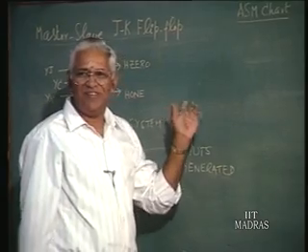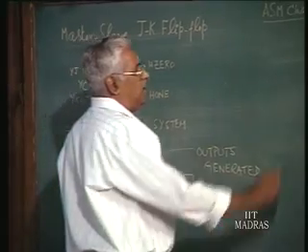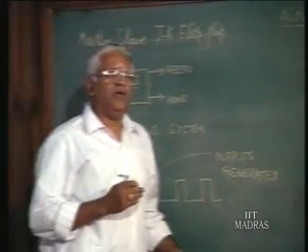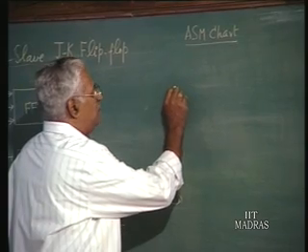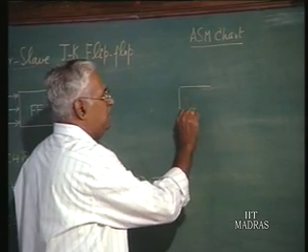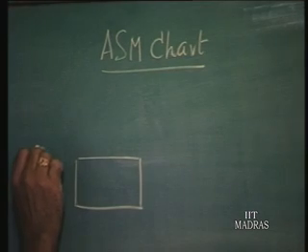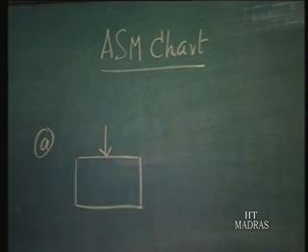It is the master slave JK flip-flop. Remember that. Good. Now, we know that the system goes through states. So, I will arbitrarily talk of a starting state, call that state A, quite arbitrary.